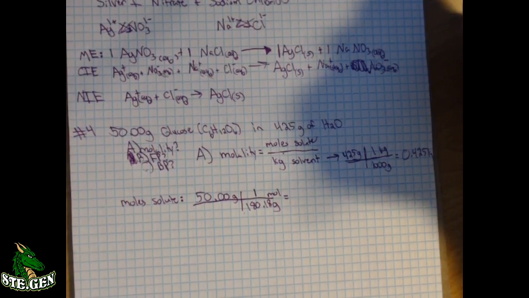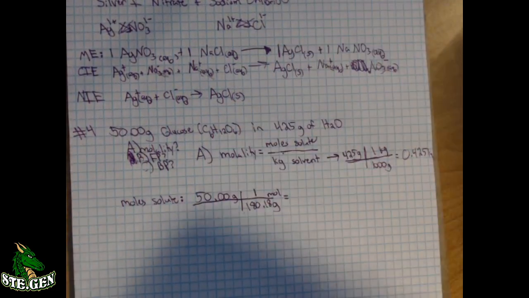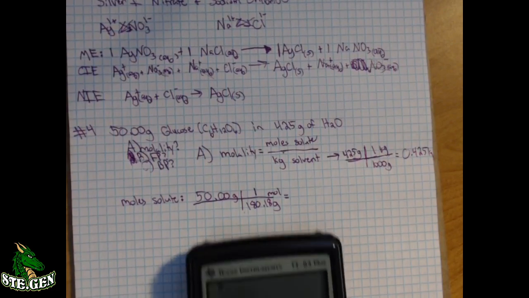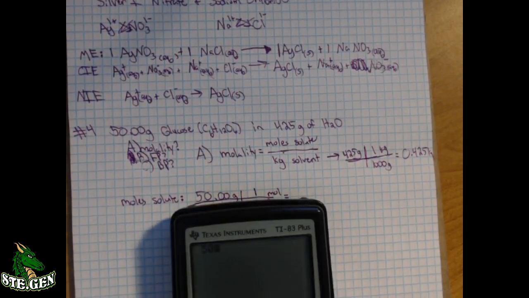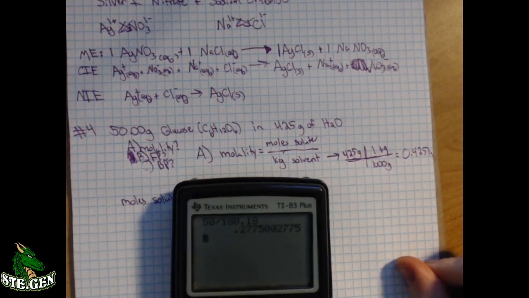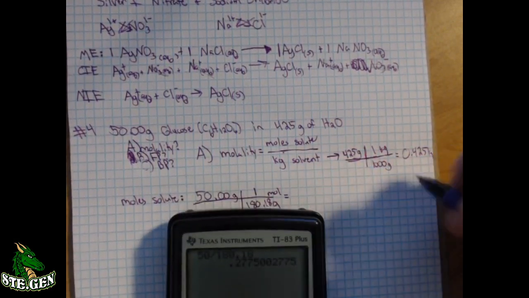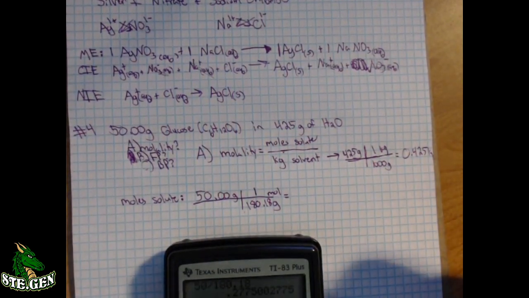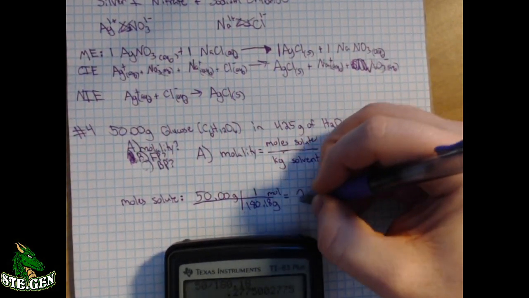If we multiply that out, we get 50 divided by 180.18. We get 0.27750027775, which is a very nice symmetrical number.